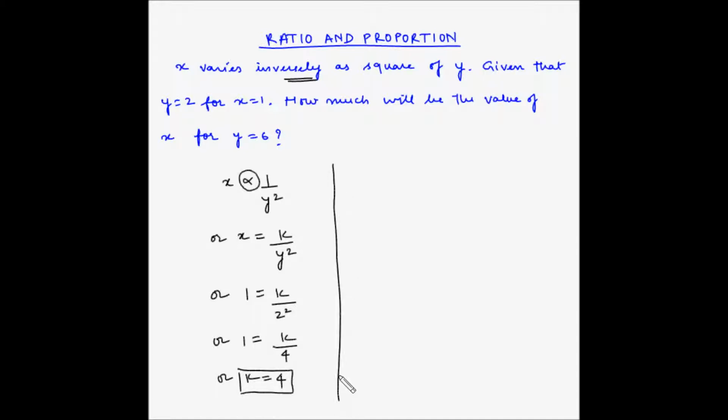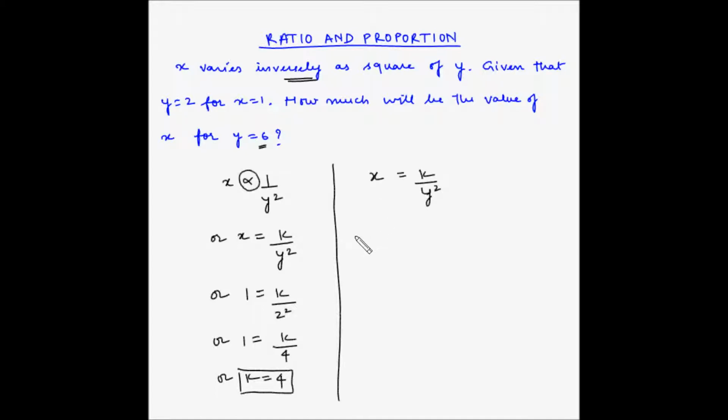Now with this information, we have to find out how much will be the value of x for y equals 6. So we know the relationship between x and y, so x is equal to k divided by y square. Now previously we have established the value of k, which is 4, and we have also been given the value of y, which is 6.